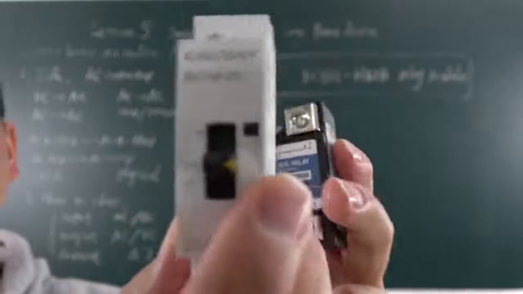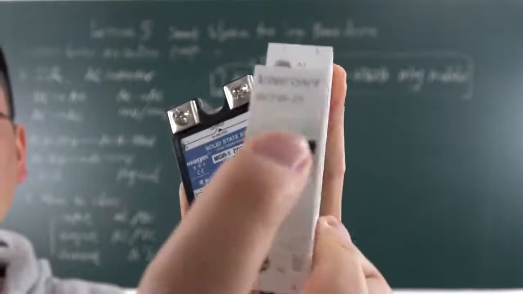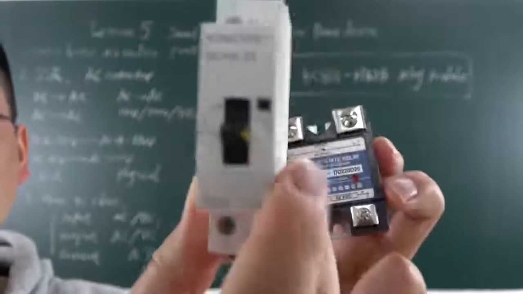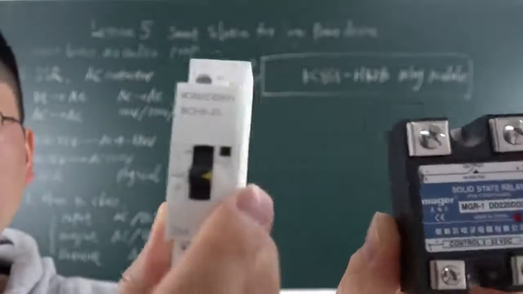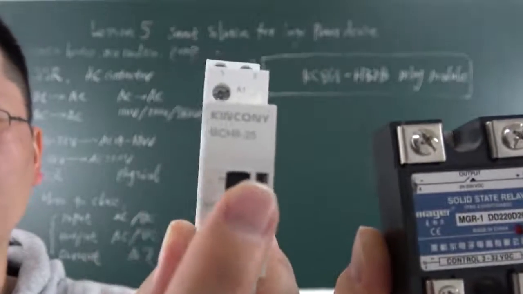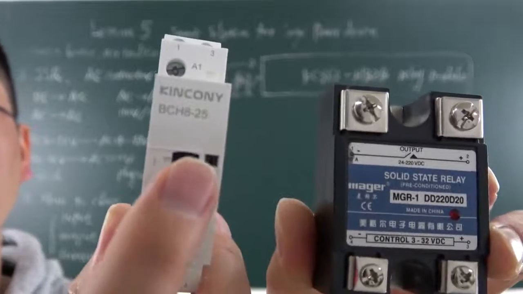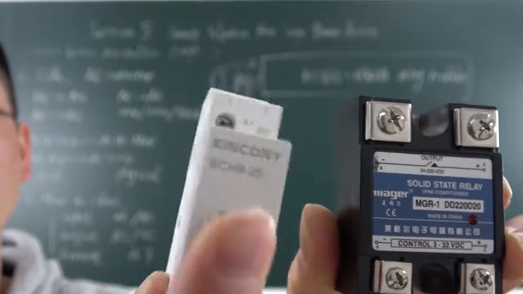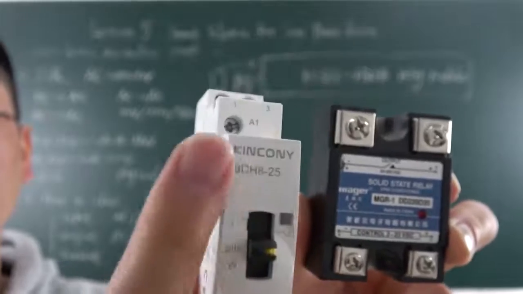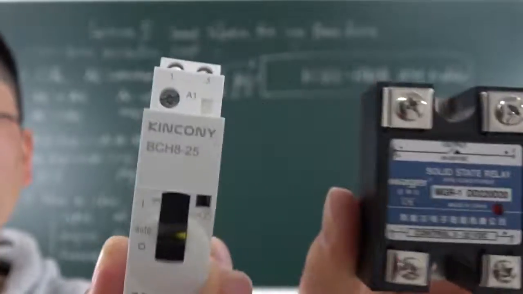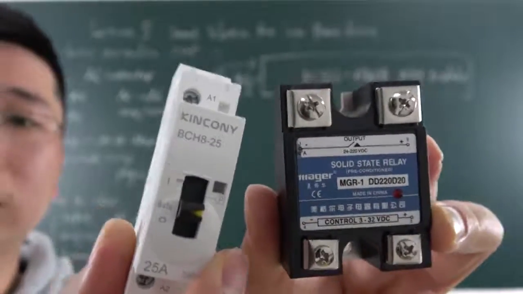This one is physical and will make a sound as it controls the coil inside. Also, this AC contactor has a button for manual control. You can switch it on and off with the button, and also control it by the coil. These are the two differences.